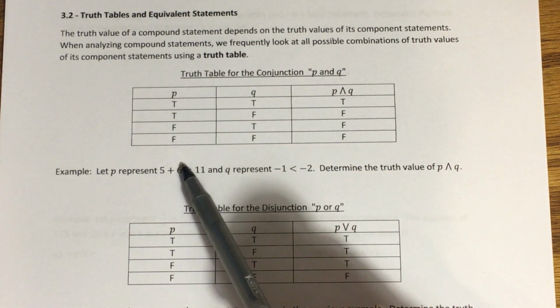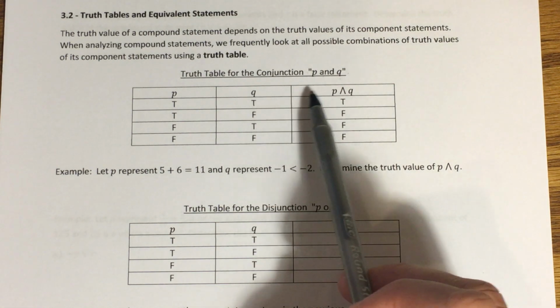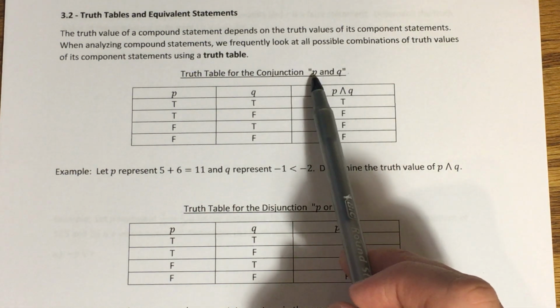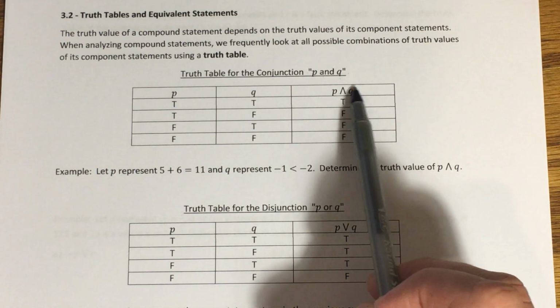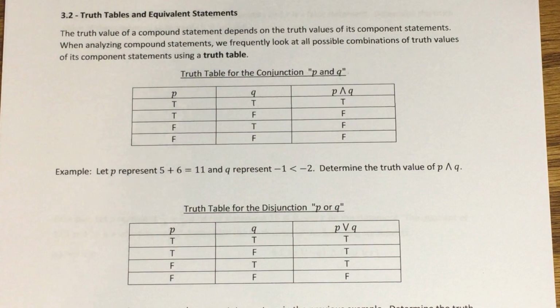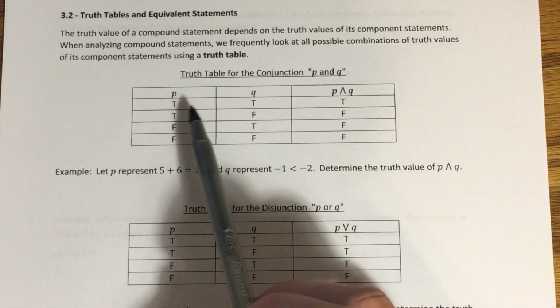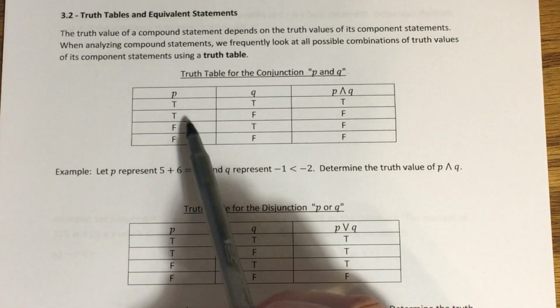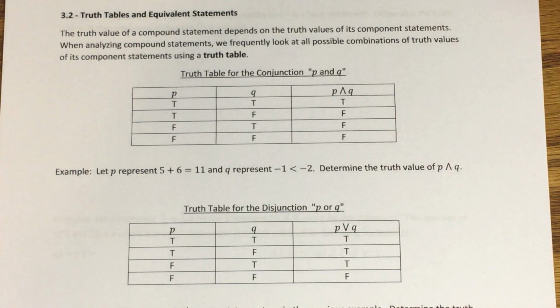So a column for P and a column for Q. And then what we want to do is build up any compound statements that show up in the overall compound statement. Right now, the only compound statement is P and Q, but we're going to look at some more complex examples later on. So starting with this, these 2 columns are going to carry the possible truth values of P and Q so that we get all 4 of those combinations that I mentioned.